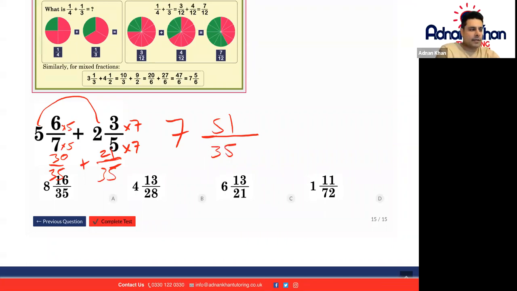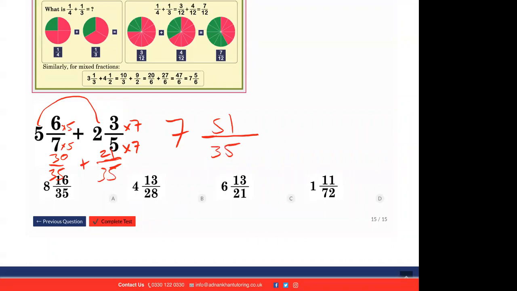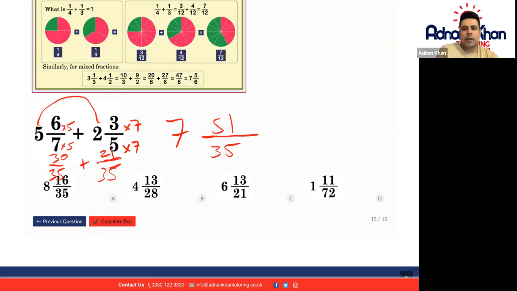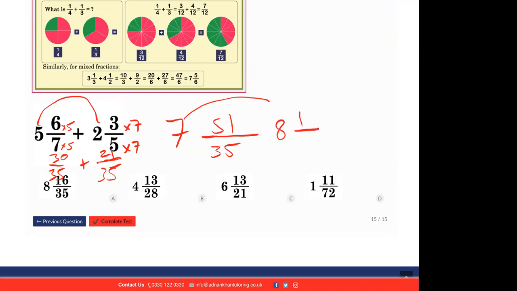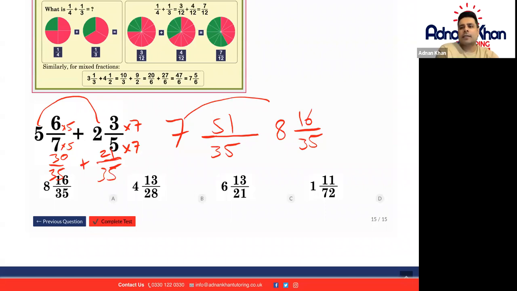Okay, what do we do next then? Because it's an improper fraction, you have to change it into another mixed number. 35 goes into 51 once with the remainder 16, and then we add the 1 onto the 7. So it'd be 8 and 16 over 35. How do we get from 7 to 8? Explain that to everybody, Sahil, because that's a confusing thing.